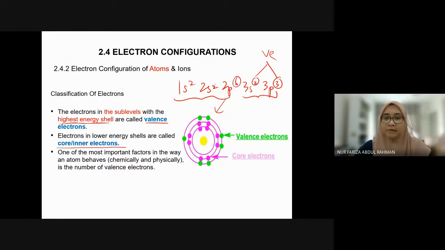So 6 plus 2 plus 2 is equal to 10 electrons. There are 10 core electrons for phosphorus. One of the most important factors in the way an atom behaves chemically and physically is the number of valence electrons. The number of valence electrons can determine the behavior of atoms, either chemically or physically.